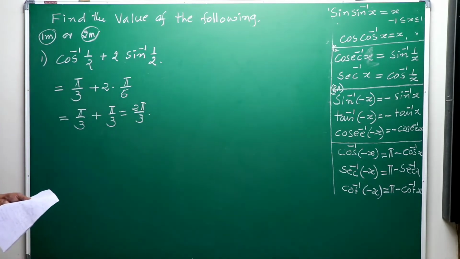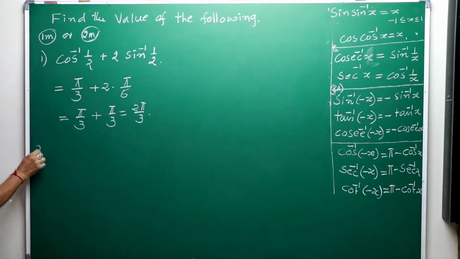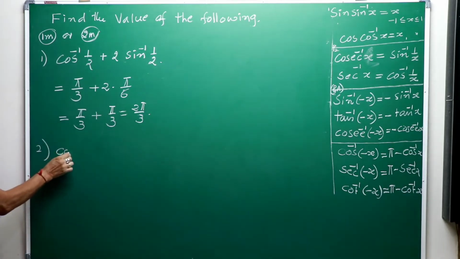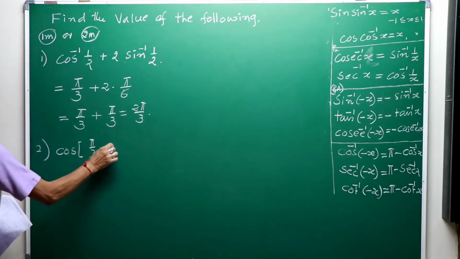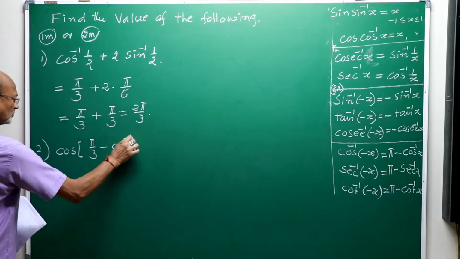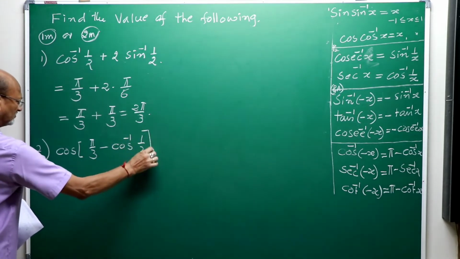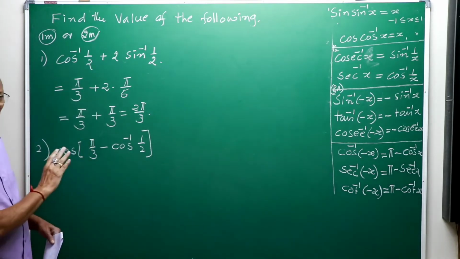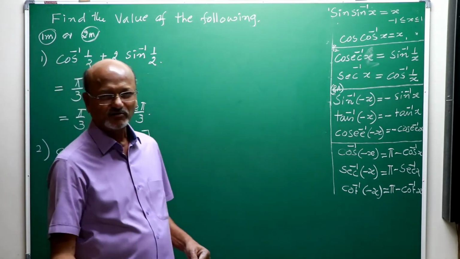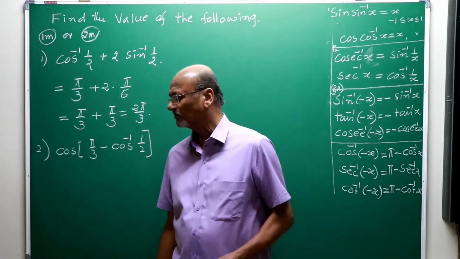First example done. Second, it is cos, not inverse, cos of pi by 3 minus cos inverse 1 by 2. All these are from your textbook, my friends. Even I have collected some model question papers also.